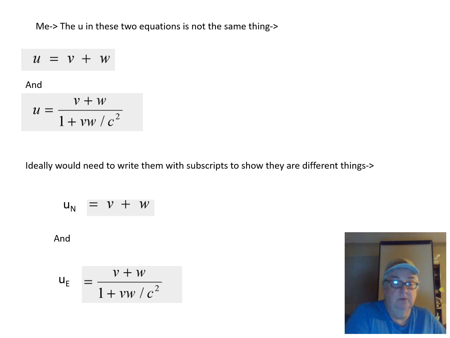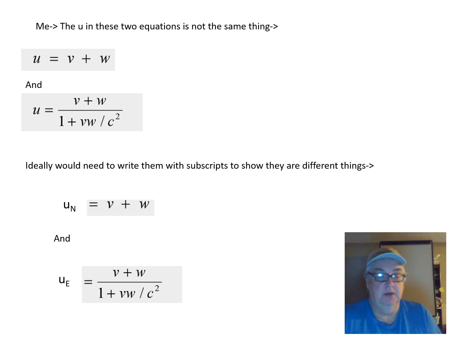You have from Newton, u is equal to v plus w, and for Einstein's special relativity, for his relativistic speed addition, he has that more complicated equation. Now, u is not the same, so ideally you should put subscripts on it to show they are different things.